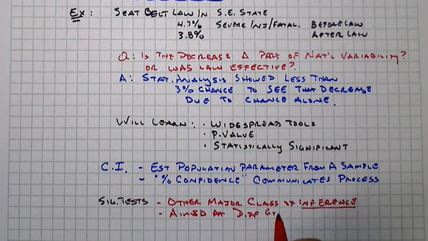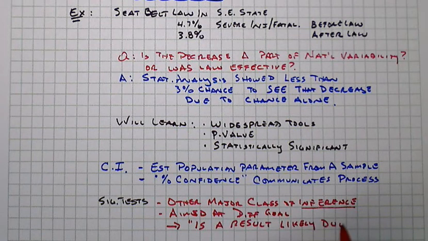Whereas before it was about point estimates of parameters and then getting an interval estimate of a parameter, here this is going to be all about, is a result likely due to chance or to some other factor at work?